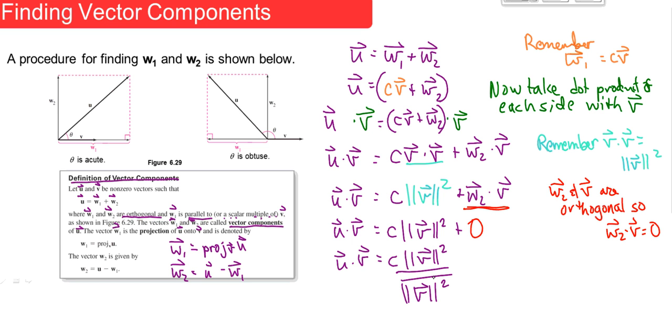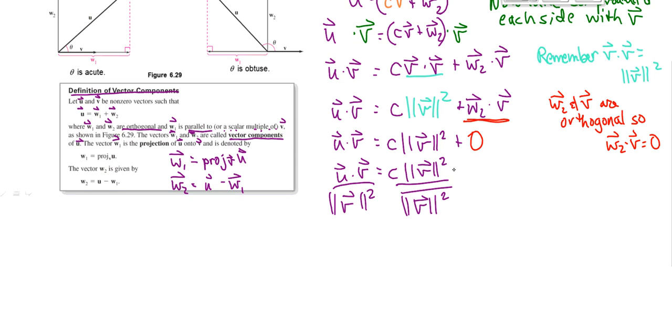And so C is equal to the dot product U dot V over the magnitude of V squared. Think about that: cosine of the angle was the dot product over the magnitude of one times the magnitude of the other, so this isn't super far removed from that.